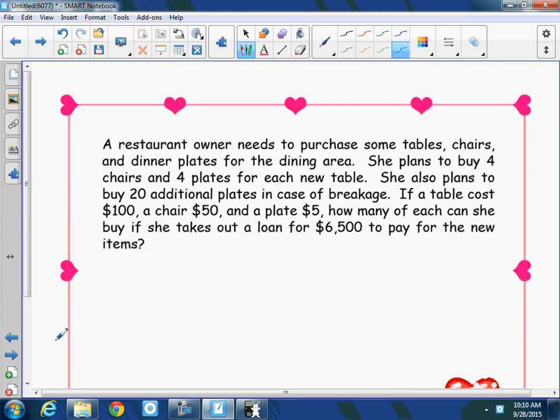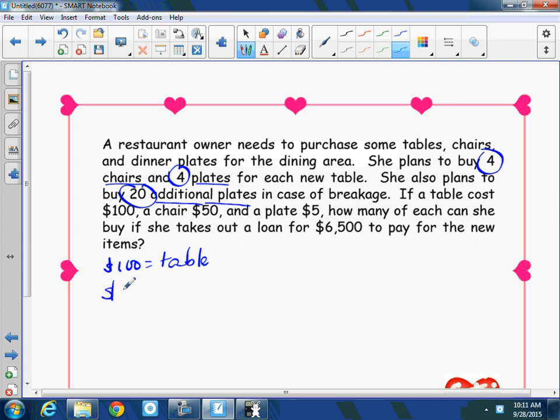A restaurant owner needs to purchase some tables, chairs, and dinner plates for the dining area. She plans to buy 4 chairs, 4 plates for each new table. She also plans to buy 20 additional plates in case of breakage. If a table costs 100, so that would be for a table.